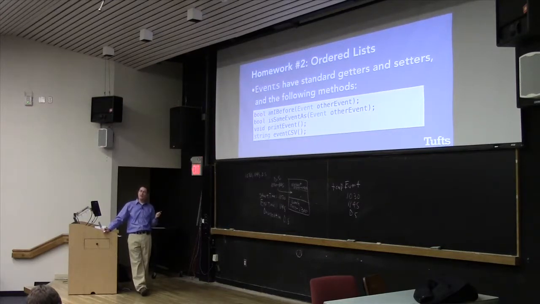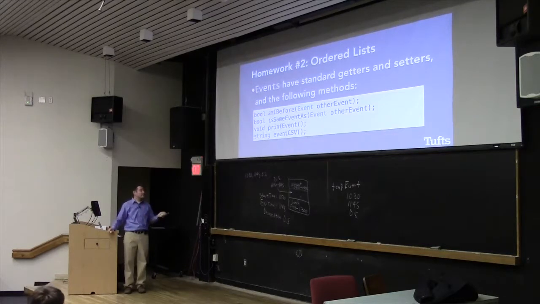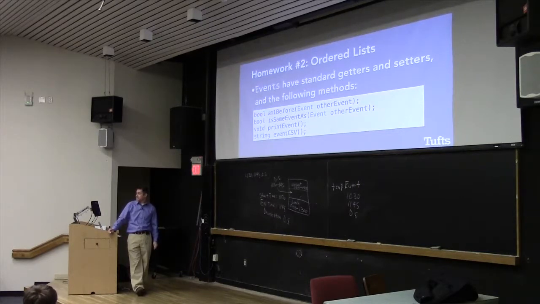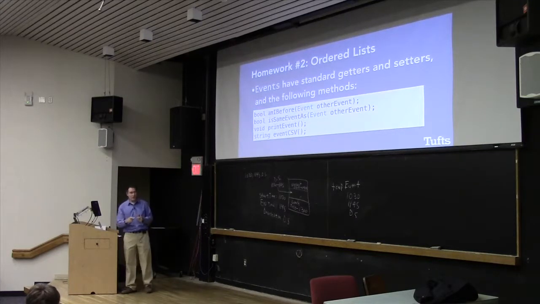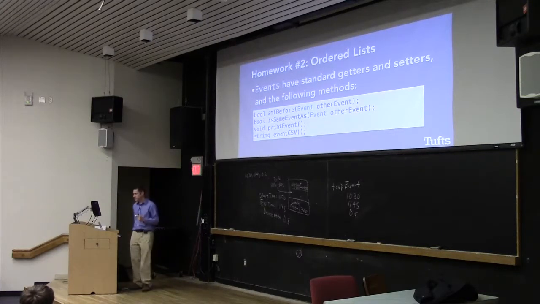Google Calendar might say, hey, I want an event. You're going to pass an event in, and it's going to expect a comma separated value, where the first part before the comma is the start time, the next one after the first comma is the end time, and the final one is the description. Okay? And you're going to have to be able to do that. Now, as I said, we've already built this for you for this assignment, but we'll see those again, especially when you get into talking between computers. You're going to need to know those sorts of things. Okay? Questions on those?